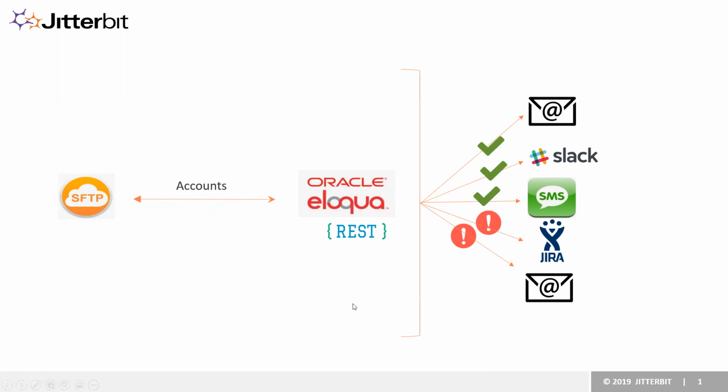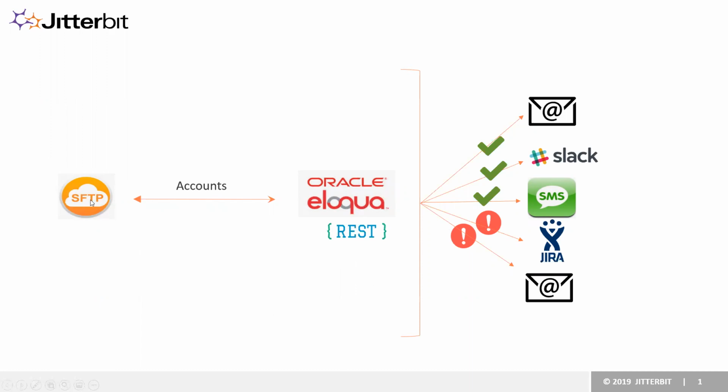Hello, everyone. Today we will be looking at a use case where we have a bidirectional flow going between Oracle Eloqua, using their REST API, and SFTP, where we're going to be selecting data from Oracle and sending it to an SFTP, creating a file there.